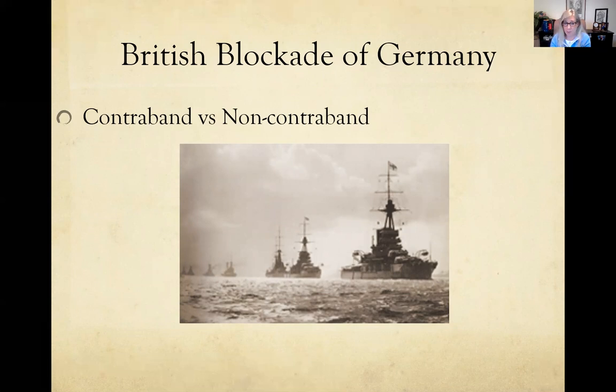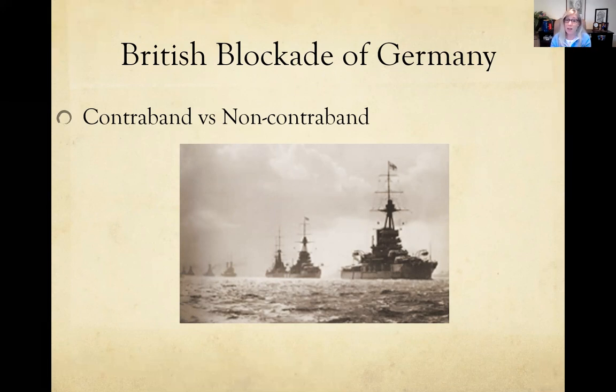According to international law, non-contraband items, meaning items that are not part or necessary for the military effort, are allowed to be traded across enemy lines. Contraband items, which would be like munitions, things that you would be using for the military, are subject to confiscation by another force that's going to try to prevent them from being delivered.